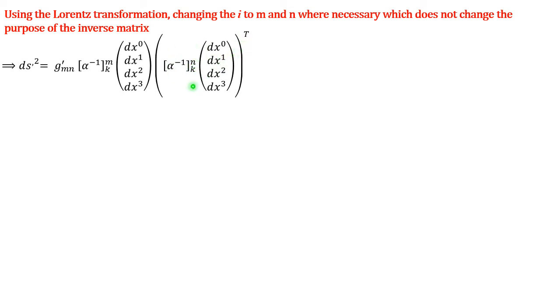So we are just trying to rewrite the primes in terms of the unprimed. Here we just need to do a little bit of simplification. For this last bracket here, we try to bring in the transpose. Whenever we bring in the transpose, we have the transpose of this times the transpose of this, but the terms will be interchanged.